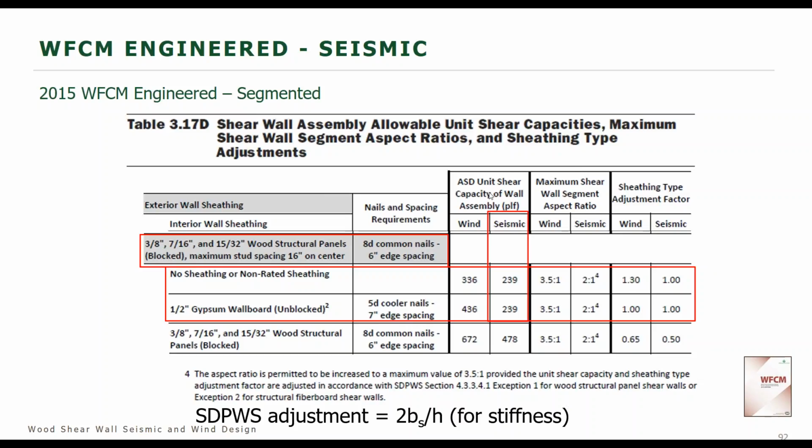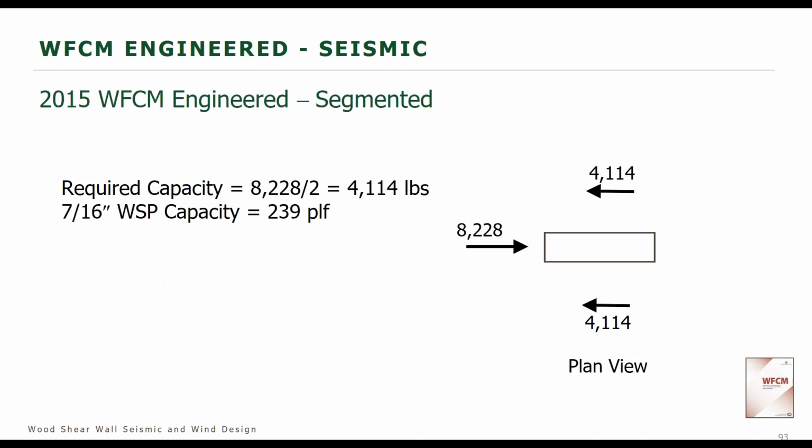So the capacity of the shear wall is 239 pounds per linear foot for the baseline shear wall. And again, you can see it's the same. We don't take into account the drywall on the inside of the building or the structure.